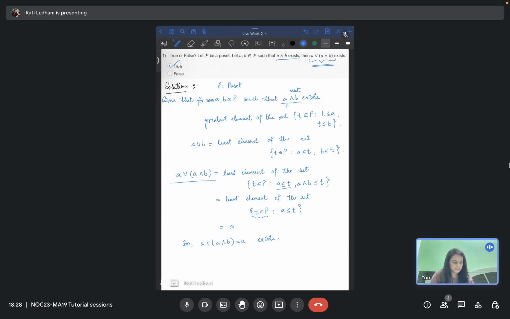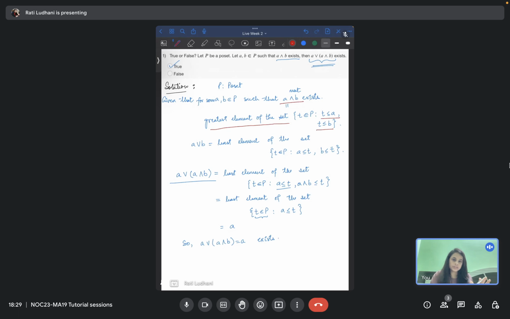So a meet b is the greatest element of the set of t belonging to P where t is less than or equal to a and t is less than or equal to b. We can pick the greatest element, then it is done.